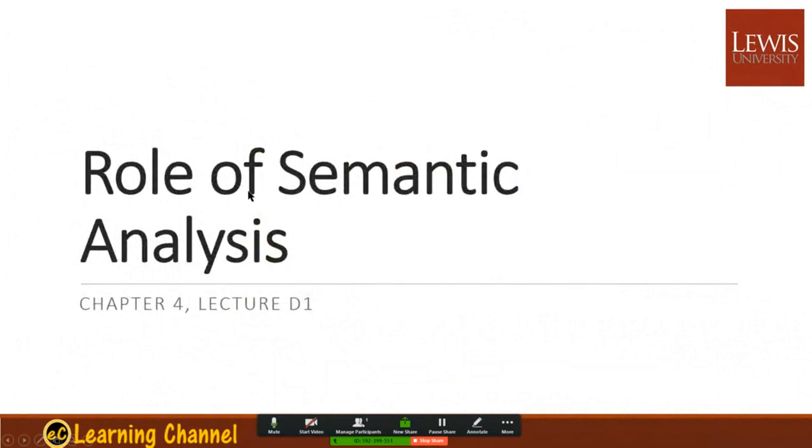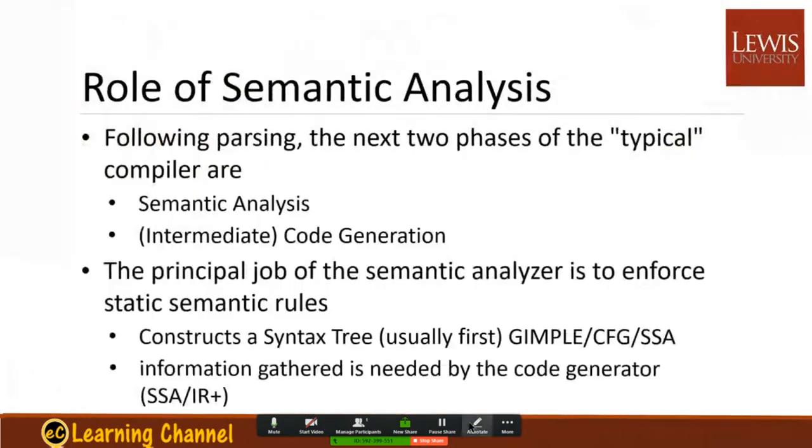So that's the whole process for a typical compiler front end. Now we are going to start talking about semantic analysis.